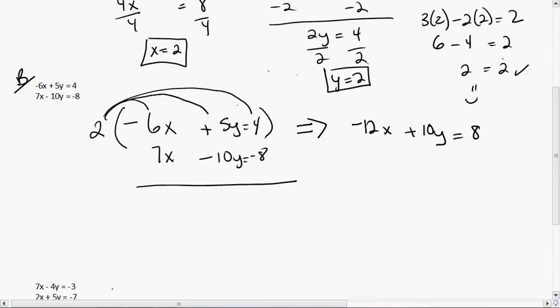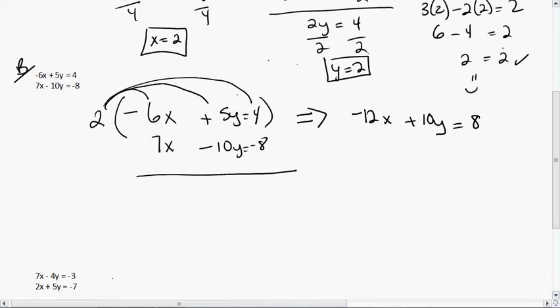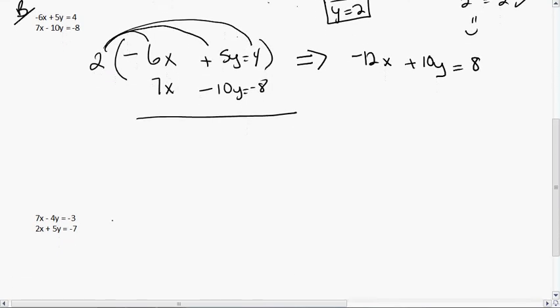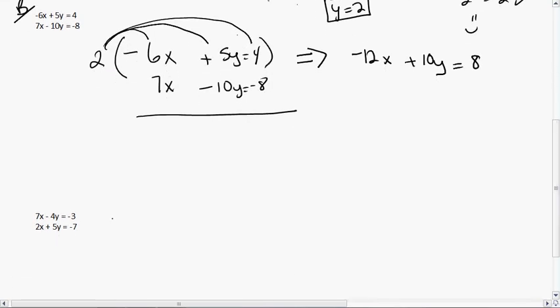And you want to make sure really that you're multiplying all the way to the very end of the problem. Go all the way past the equal sign. Sometimes people forget to do that, and then they won't get the right answer. All right, I'm not going to do anything with the bottom equation, 7x minus 10y equals negative 8, because I don't need to. I've got two coefficients the same.